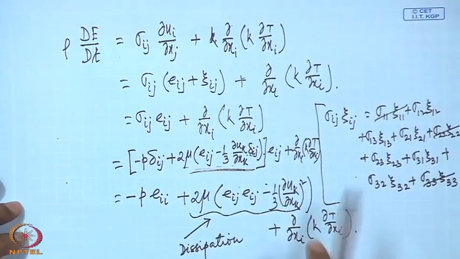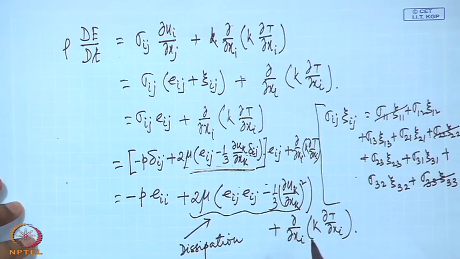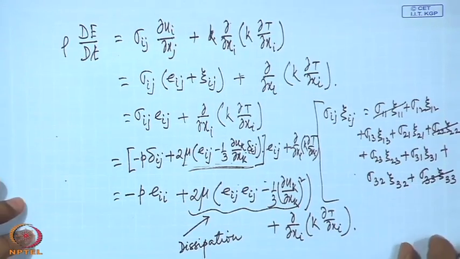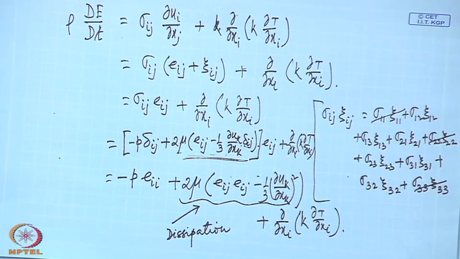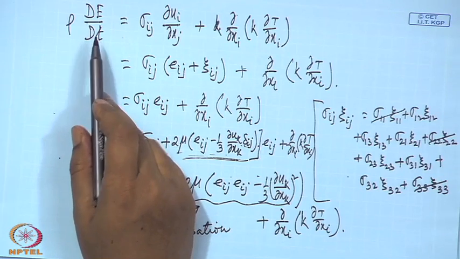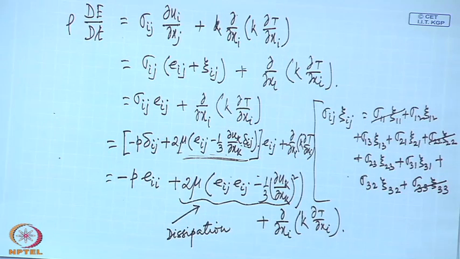Here also you see that we have not introduced any further unknown except this thermal conductivity. The internal energy, or temperature, is the only additional unknown.